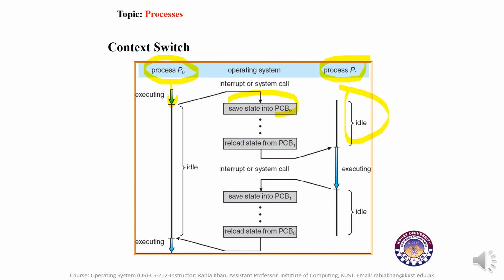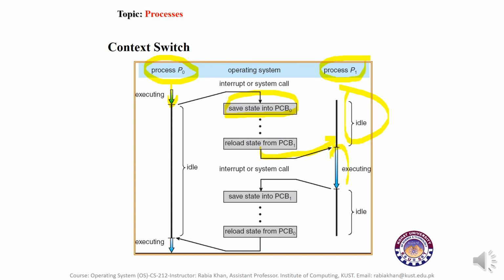For example, the program counter is updated, and the process name and process state are all stored in the PCB, and the PCB of the next process which is currently waiting is loaded. Here you can see it is loaded. For example, from where this process has to start execution and what its current state was, all the information is stored in the PCB. So its PCB is loaded and the CPU is assigned to the next process.